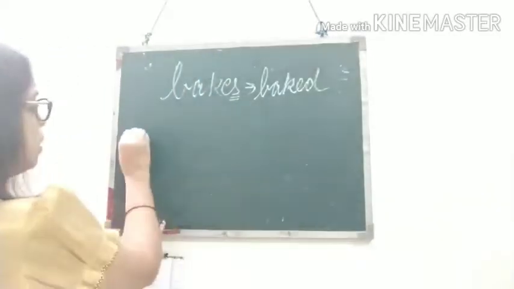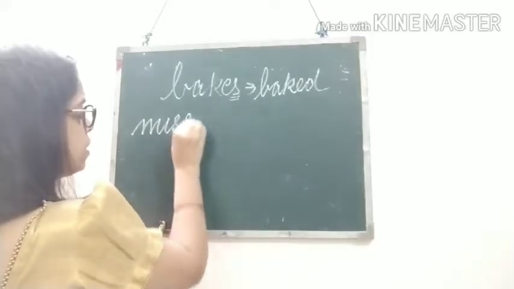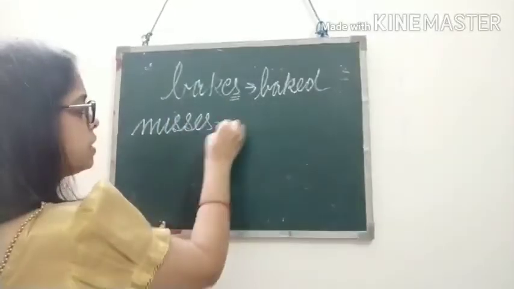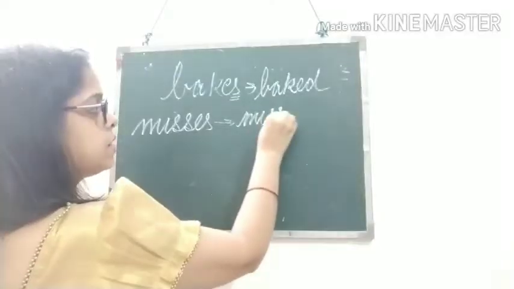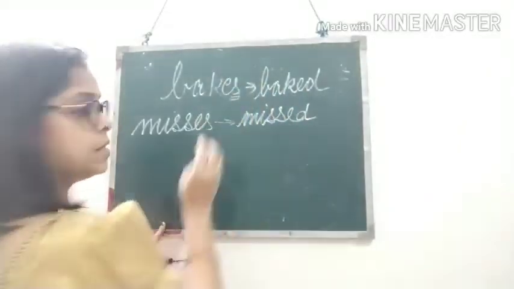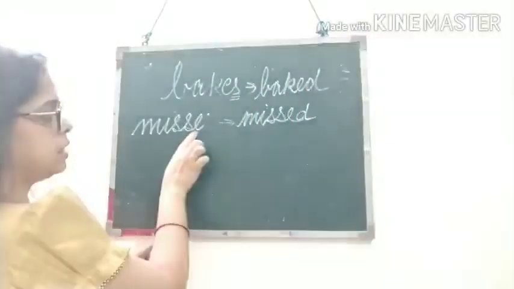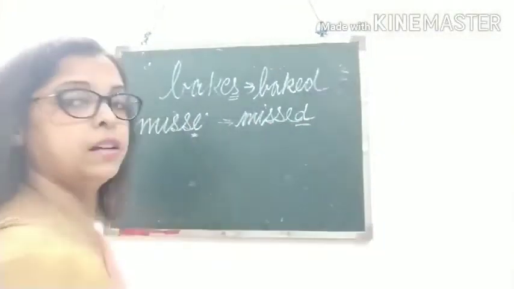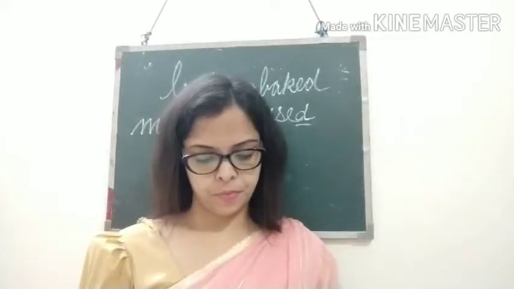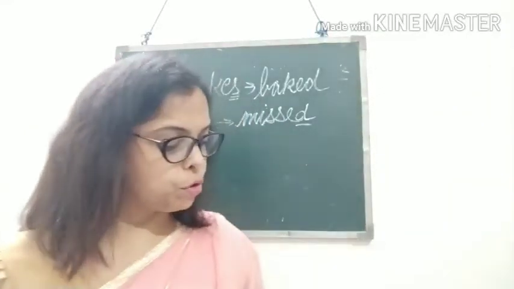Okay, let's see. M-I-S-S-E-S. Misses. So we'll just remove S and we will write missed. Okay, when we remove S, it is ending with E, and when it ends with E, we simply add D to it. Missed.